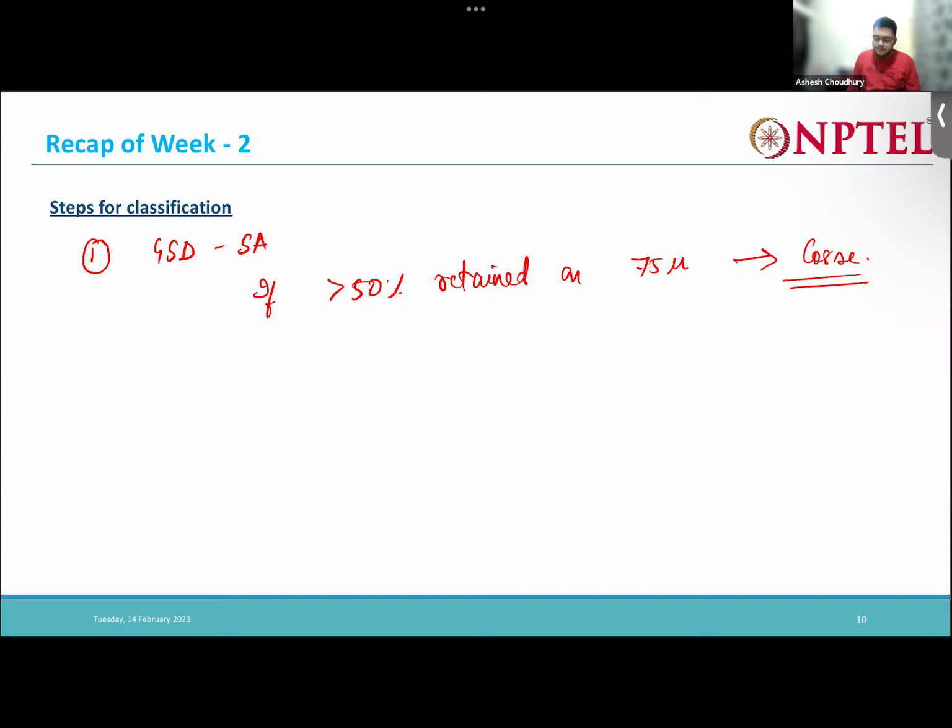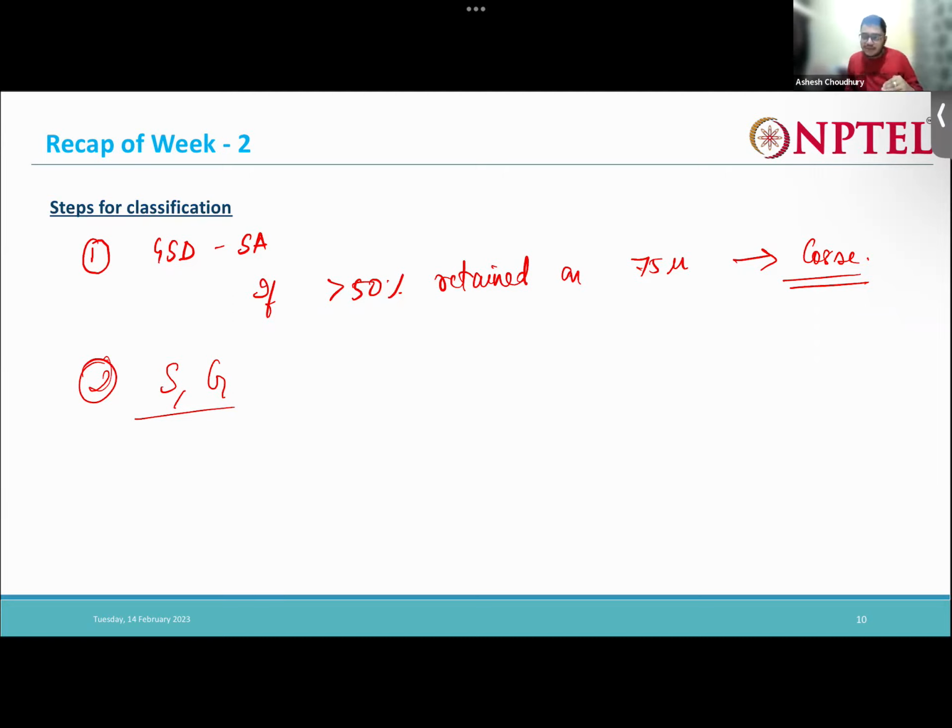Correct. Now, the second thing that should come to your mind is, what kind of coarse soil? Is it sand or is it gravel? How can we know this?